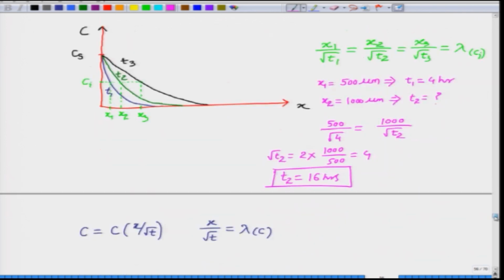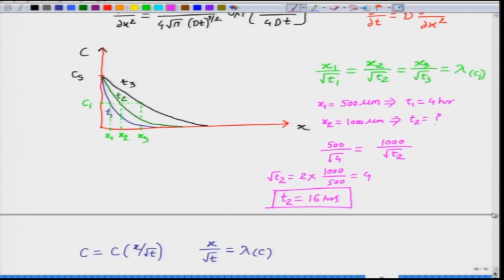Now, another point I would like to note here is we are maintaining the infinite boundary condition, which again means that the diffusing species is not penetrating all the way to the other surface. But is it really true in practice, or can we estimate for the given thickness of the plate whether we can maintain the infinite boundary conditions?